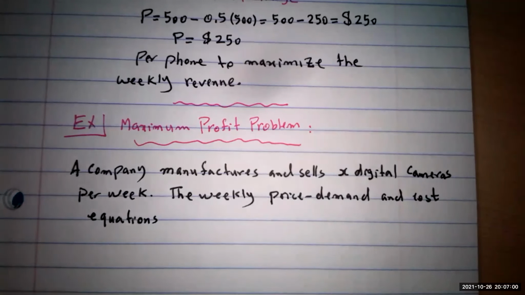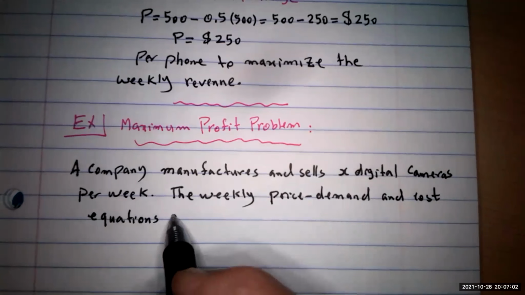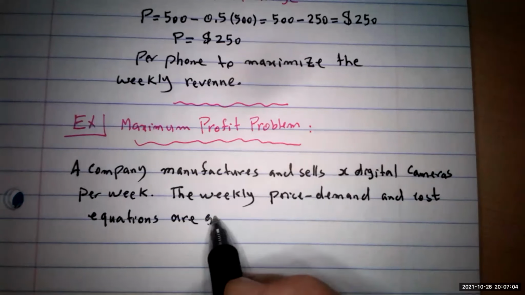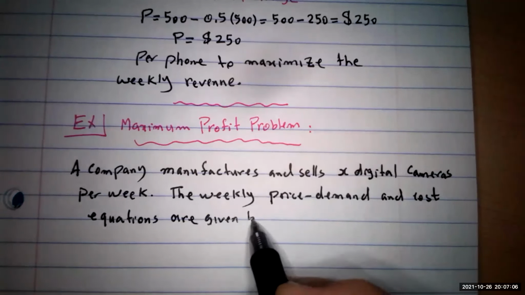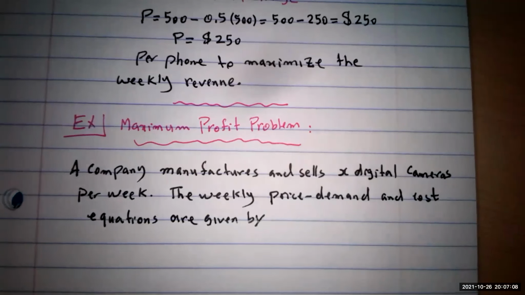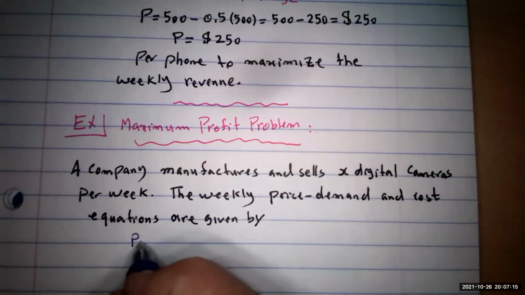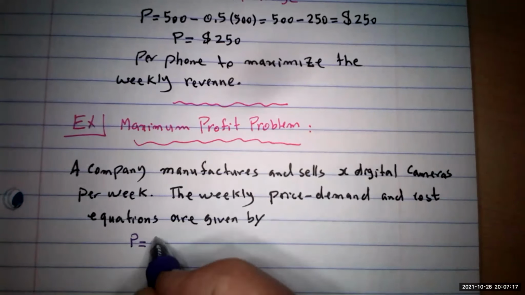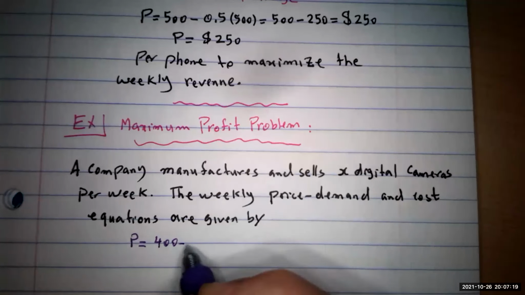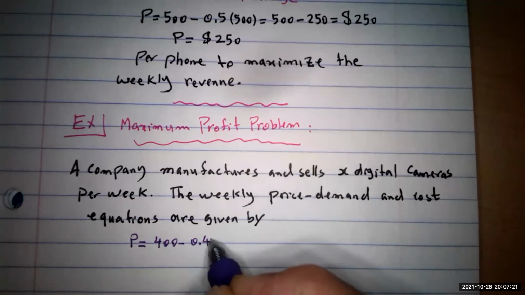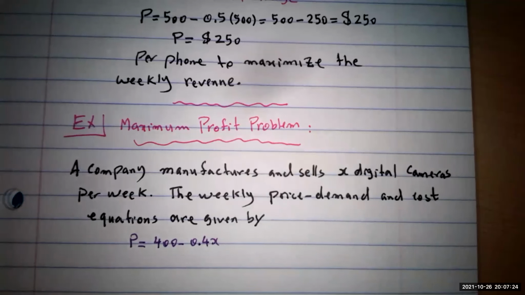And the cost equations are given by the following equation. Two equations must be given. For the price demand, P is equal to 400 minus 0.4x. That's the price demand.